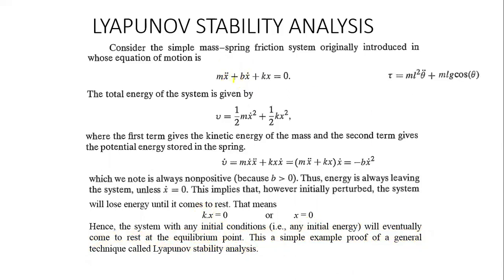In place of this equation of motion, for our single link manipulator, the equation of motion will be like this: m l squared theta double dot plus m l g cos theta, and this tau will be 0, because in case of Lyapunov stability analysis, the system equation of motion is written without any externally applied force.